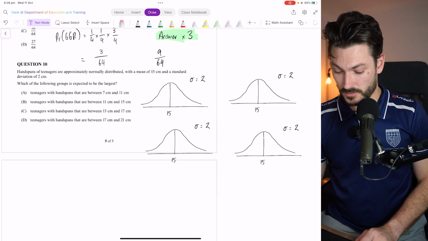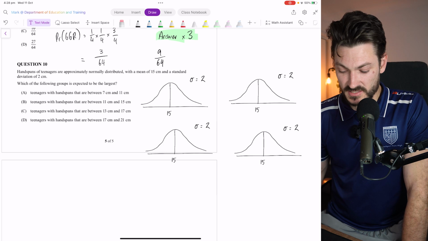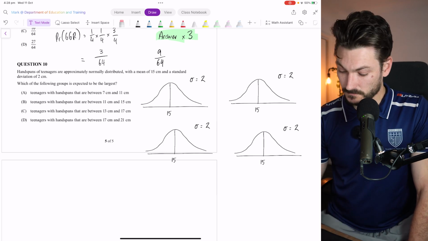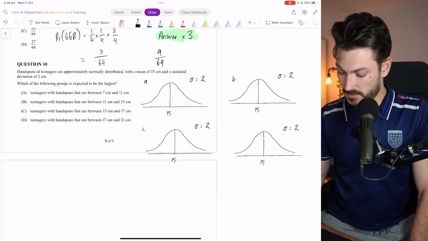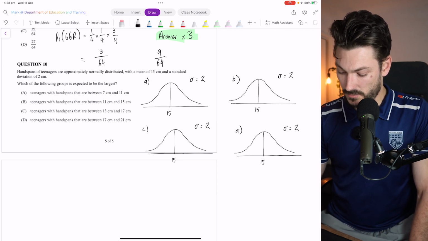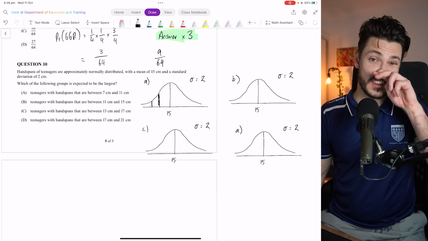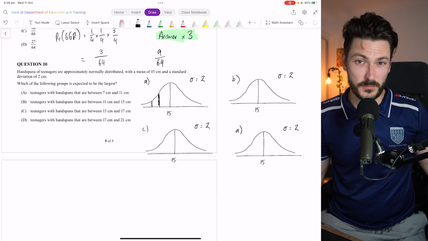If we look at A, teenagers with handspans that are between 7 and 11 centimeters. So if I put, I'm going to go A here, B here, C here, D here. So if I'm looking at graph A, 7 and 11 is going to look something like this, right? At the very least, both of them are to the left of the mean.